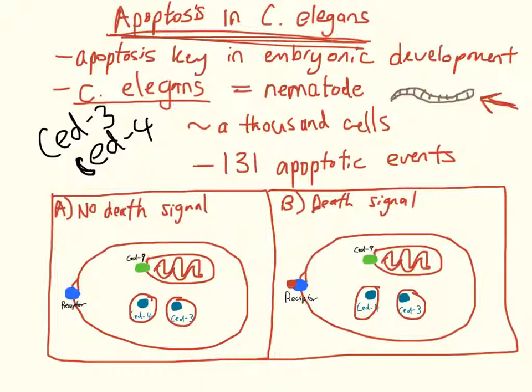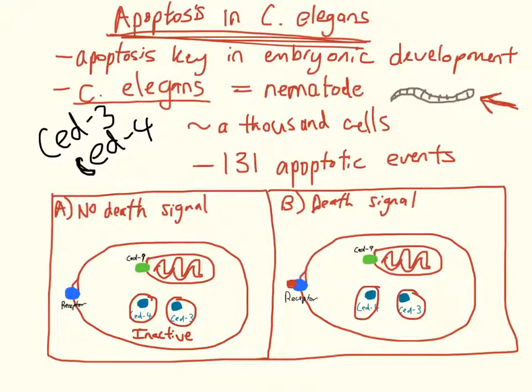What they also discovered was that these proteins, CED3 and CED4, are continuously present inside the cell. However, they're just inactive. It's not like all cells are constantly undergoing apoptosis. That's not possible because they would be dead. But they're constantly present and inactive. They're usually in their inactive form.